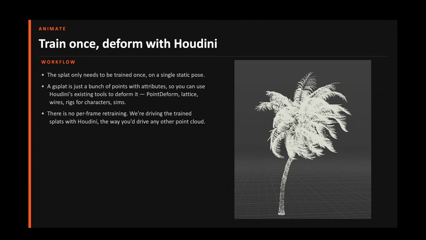So we can use any existing tools to deform it, in my case point deform, or you can use lattice wires. For characters, you can rig. You can use the same rig to rig your G-splat and have an animated character as a G-splat. So there is no retraining needed most of the time. You're just driving that single G-splat with the Houdini tools as you usually do.